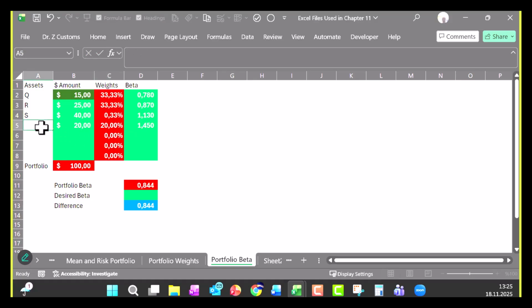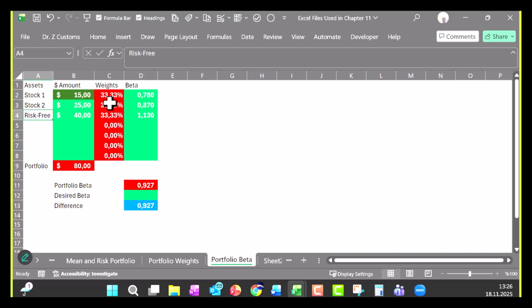This doesn't mean anything. Let's see. Let's call this risk-free. Let's call it asset one, stock one, stock two.